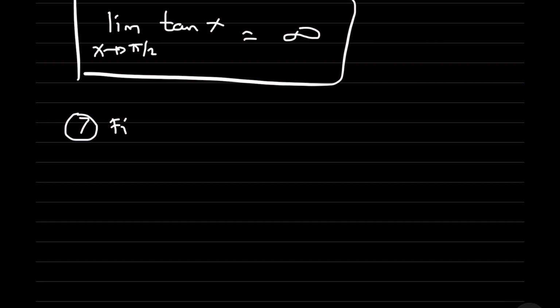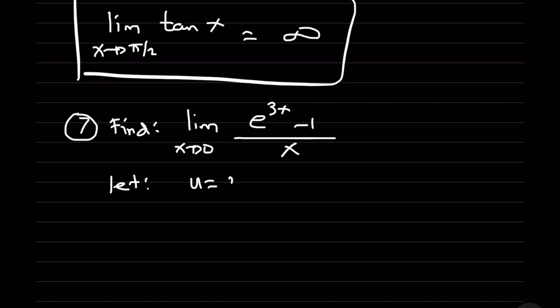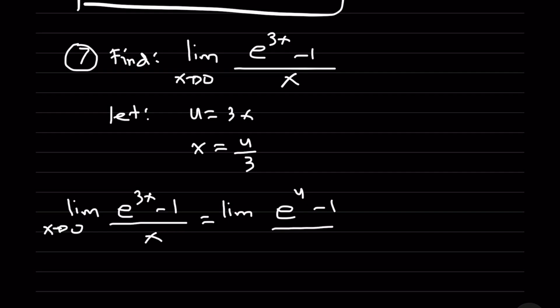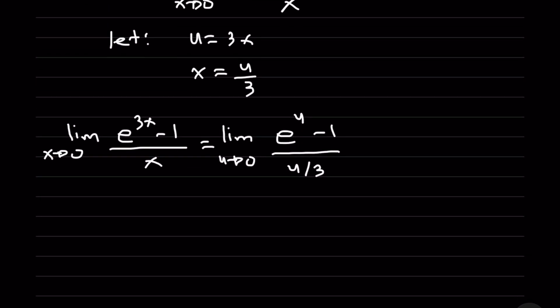Okay, so next number. Find the limit of e raised to 3x minus 1 divided by x as x approaches 0. If we let u be equal to 3x, x is equal to u over 3. So we can write the limit of e raised to 3x minus 1 over x as x approaches 0 as the limit of e raised to u minus 1 divided by u over 3 as u approaches 0.